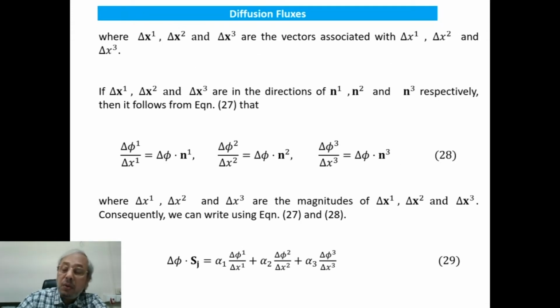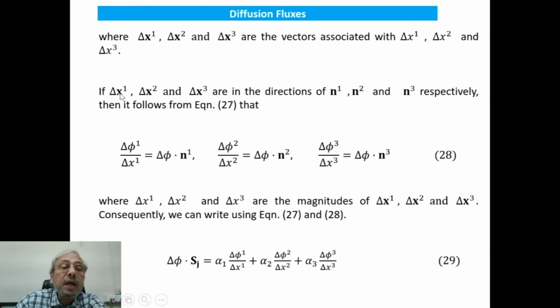Now, as I mentioned in the last slide, delta x1, delta x2 and delta x3, here all the x's are bold. These are the vectors associated with delta x1, delta x2 and delta x3.